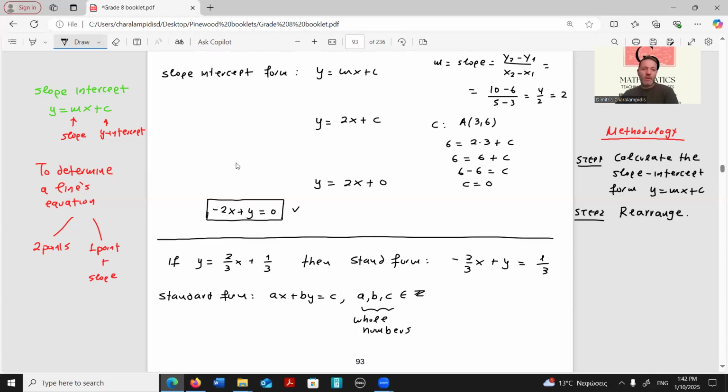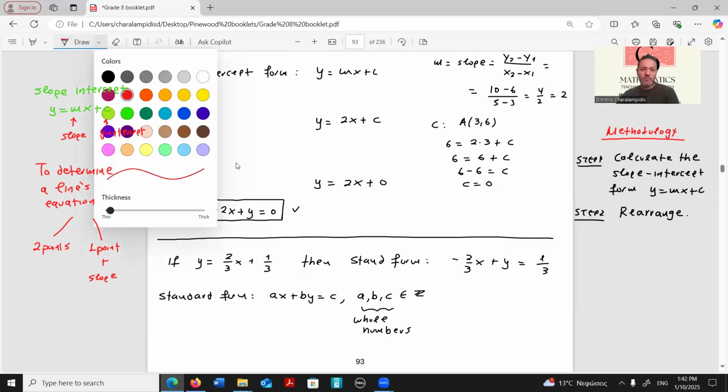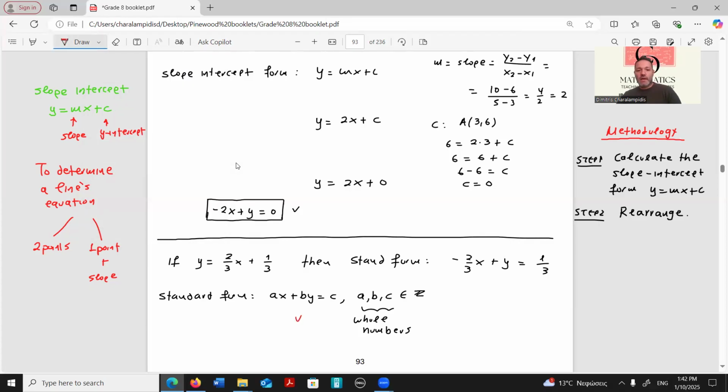Now, I was able to do the first part. I started from y equals 2/3 x plus 1/3, and I gathered x's and y's on one side and the constant on the other. But with regards to the second part, are the coefficients all whole numbers? No, they're not. Clearly, minus 2/3 is not a whole number. 1/3 is also not a whole number. How can I convert them into whole numbers?